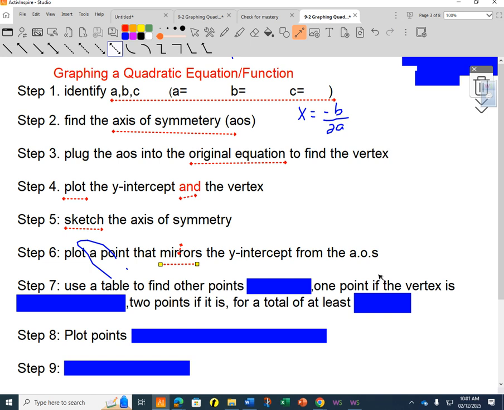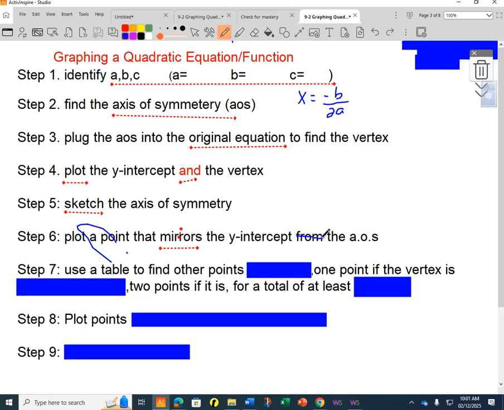Typically they say "about," so let's put "about" there. That means around it, or in relation to it. So now we have 3 points, because we have the y-intercept, a vertex, and the mirrored point of the y-intercept. That's assuming they're not the same thing.